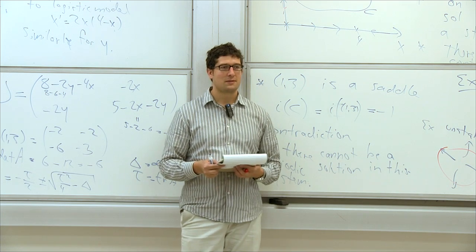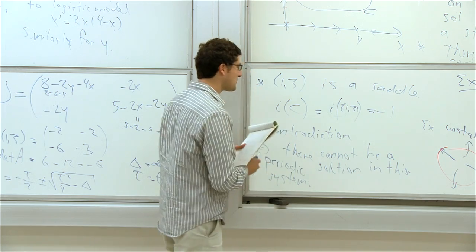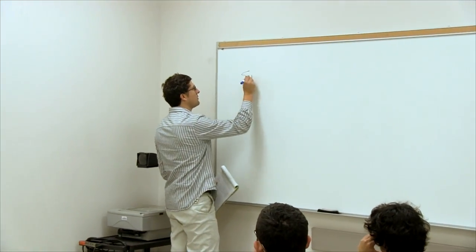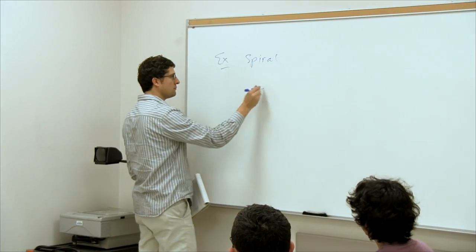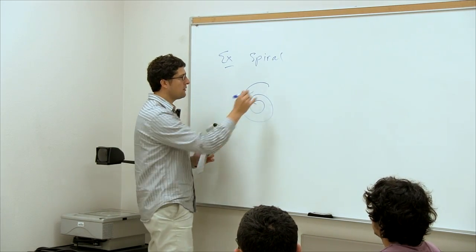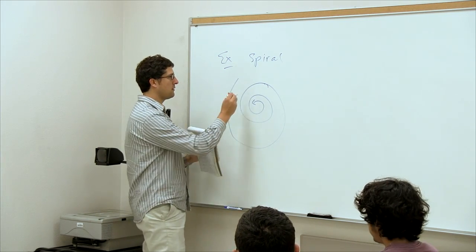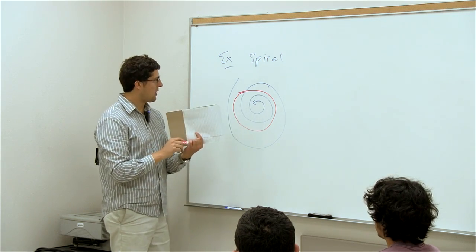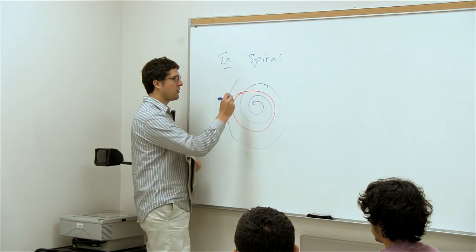Okay, what else? Yes. What about a spiral? Let's look at the index of a spiral. So here's your spiral, and I'm going to look at a path that goes around the spiral.